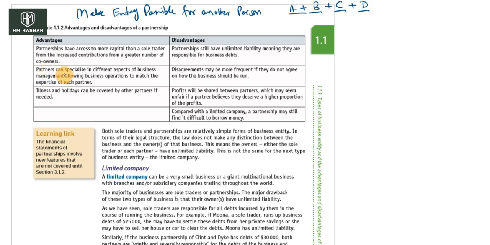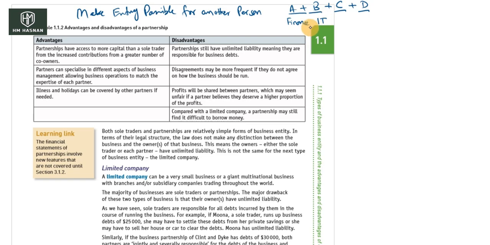Second one is, partners can specialize in different aspects of business management, allowing business operations to match the expertise of each partner. For example, if we have two partners, partner A is an expert in finance, partner B, for instance, is an expert in IT, but we need more people because we have insufficient skill to run the entire business.